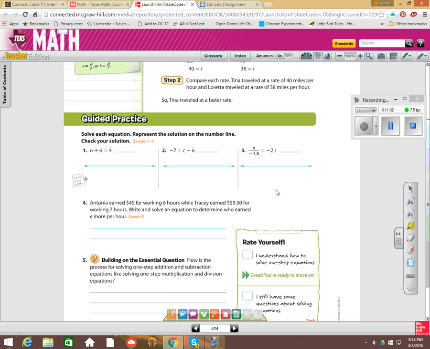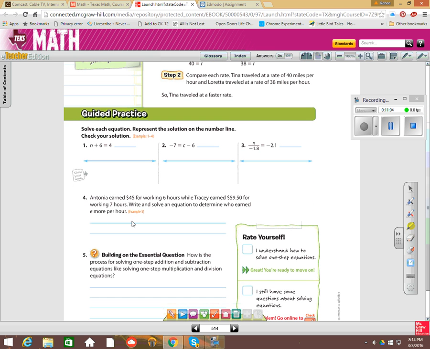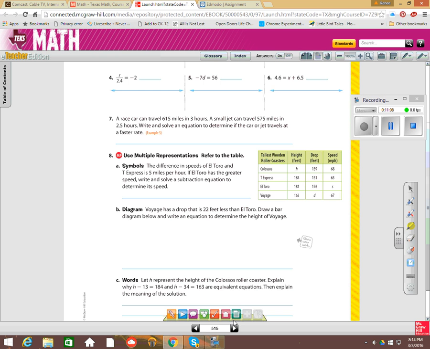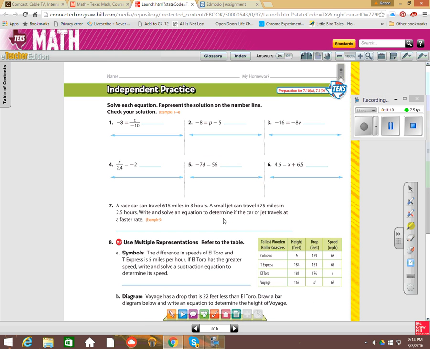1 through 4. Try 4. And there's usually an independent practice. Do 1 through 7. Also you have the project to do, and you have your makeup work you need to do to make up the quiz.